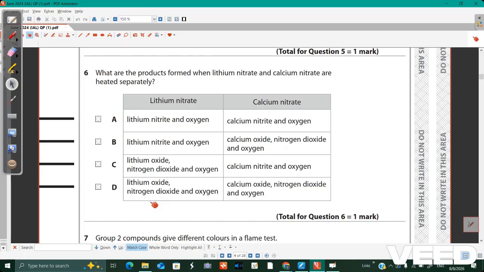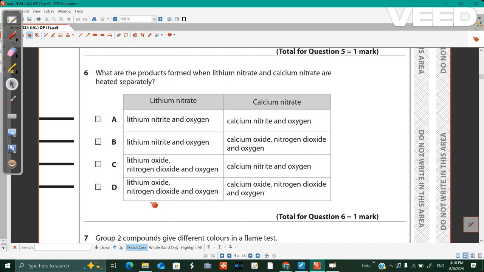What are the products formed when lithium nitrate and calcium nitrate are heated separately? Lithium nitrate and calcium nitrate. Lithium is in group number one, calcium is in group number two, right? But we know usually, even though lithium is in group number one, usually group one has sodium, potassium.